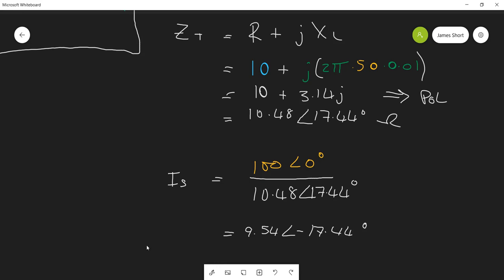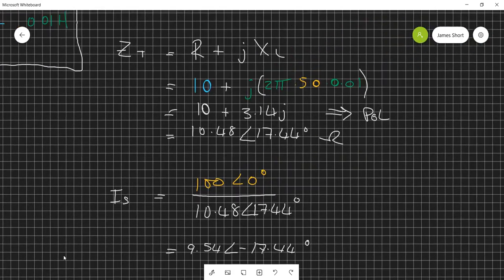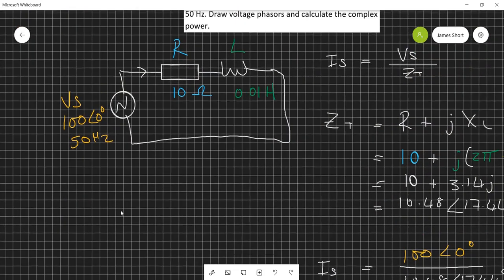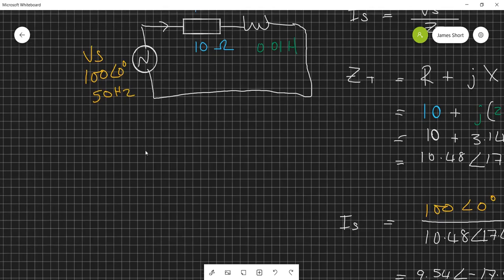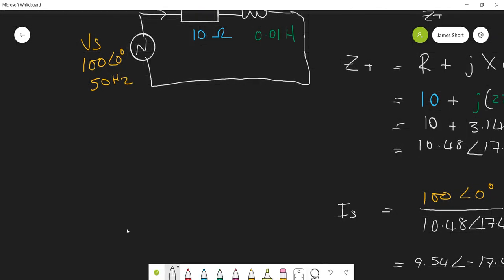Alright, so we've got our current, we've got our impedance. What we need to do now is find our voltage drops. So what is the voltage drop across the resistor? Well, VR is equal to the resistance times the supply current, which is 10 ohms times 9.54 at an angle of minus 17.44 degrees.